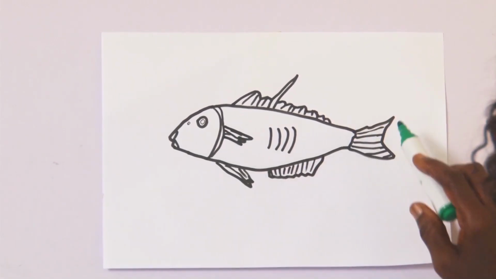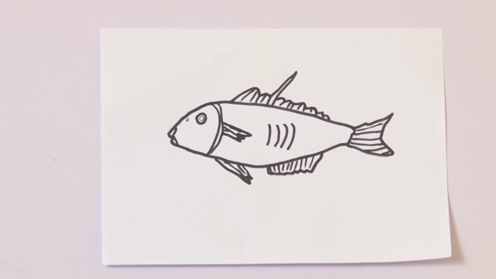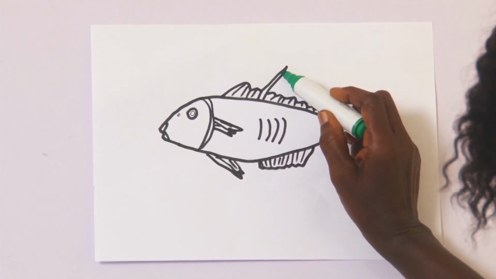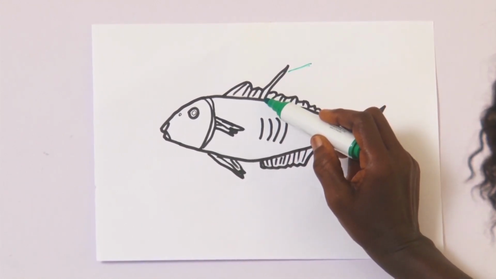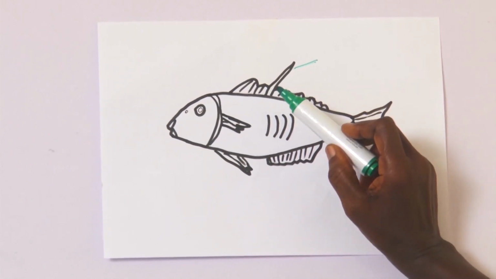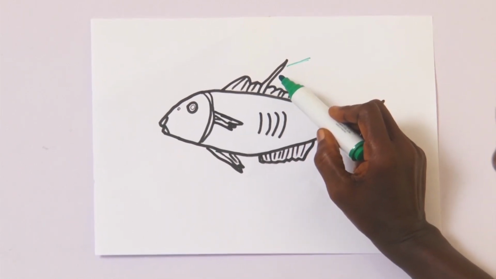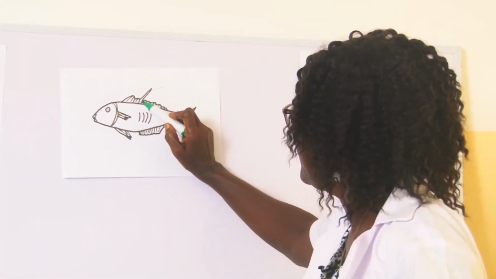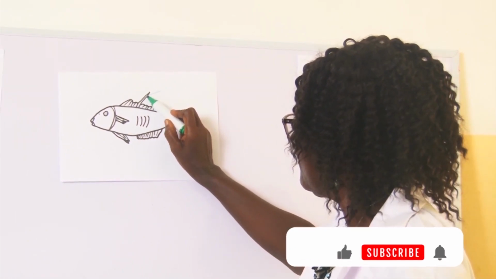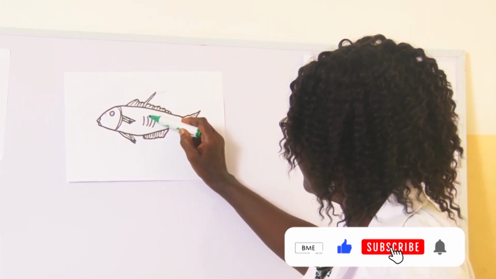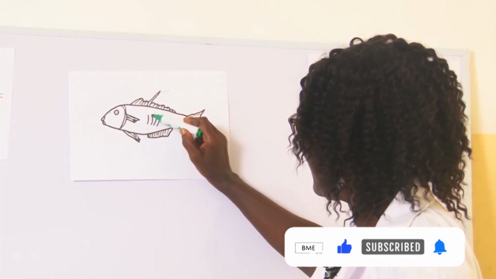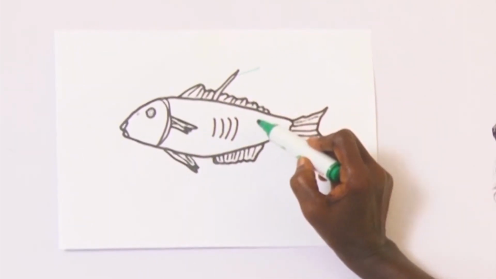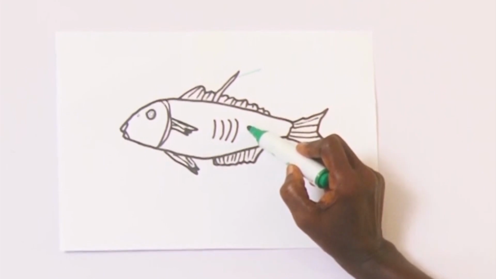If you have this fish to describe, this fish has a spine on its mid-dorsal view. So we can say there's a spine on the mid-dorsal view, or there's a spine on its dorsal area. It also has 1, 2, 3, 4 dark bands on its lateral side.